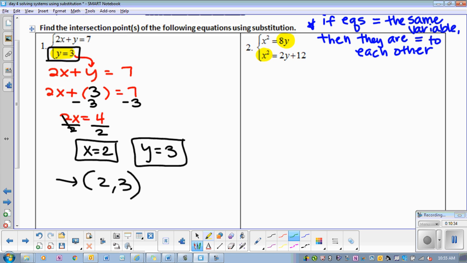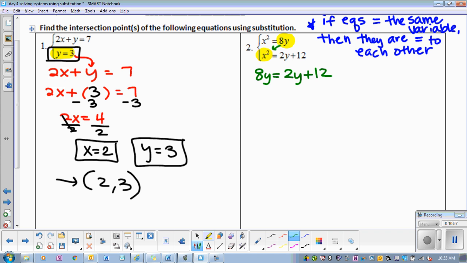No, because 8y doesn't equal 2y. 8y equals x squared, so you could plug that into there. Since they're both equal to x squared, they're equal to each other. So we could say 8y equals 2y plus 12.